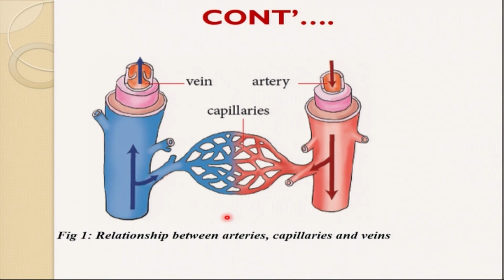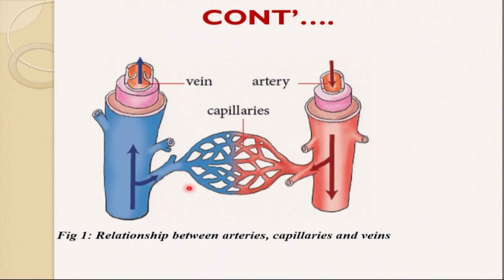We have the diagram. Try to see properly and observe properly. Student, I would engage you to observe properly the diagram that shows the relationship between arteries, capillaries, as well as the veins. Take your time and observe.